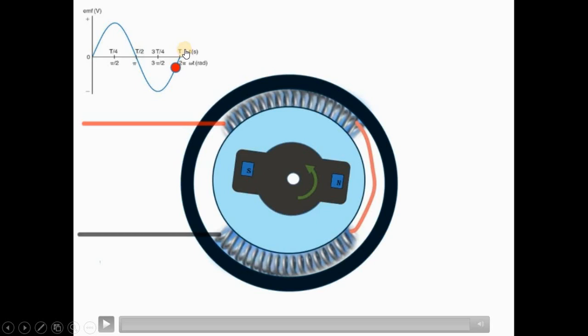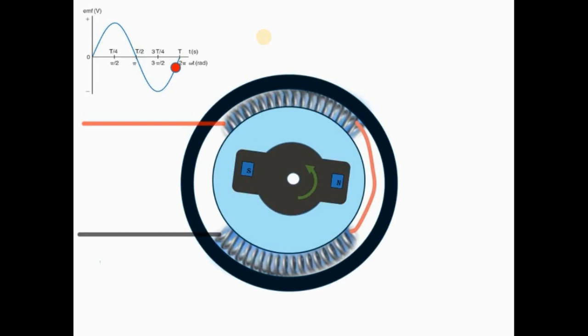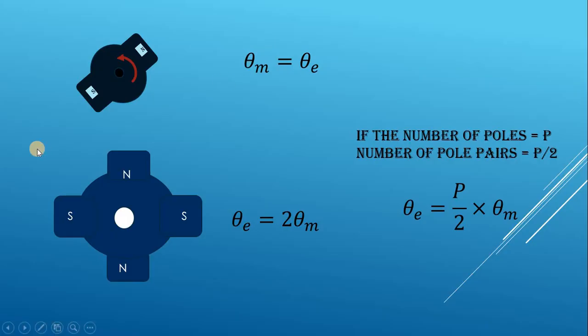So theta m equal to theta e. When it has four poles, when the rotor completes 360 degree revolution, two cycles are generated, that is 720 degree. So electrical angle equal to 2 times mechanical angle.